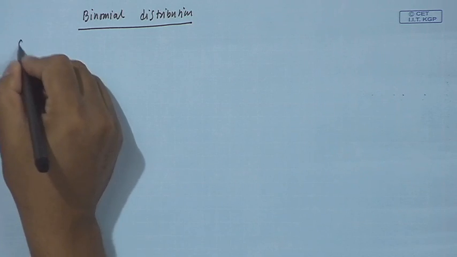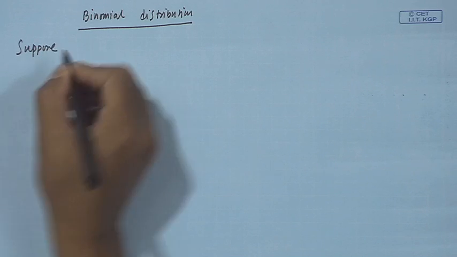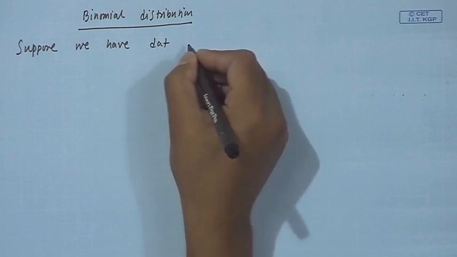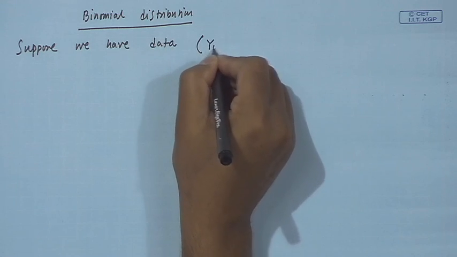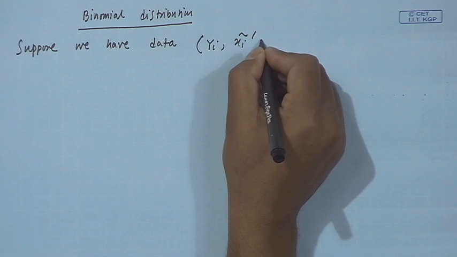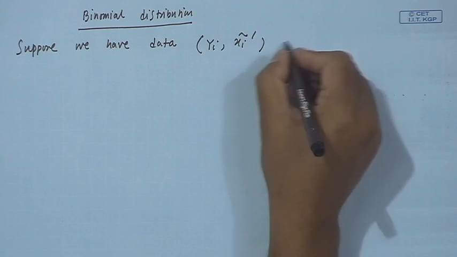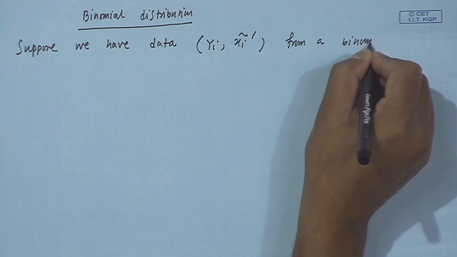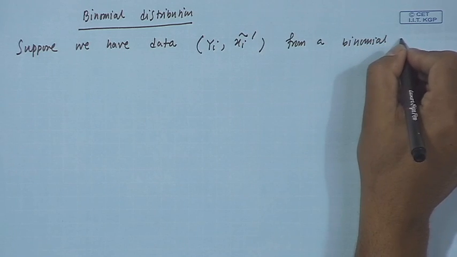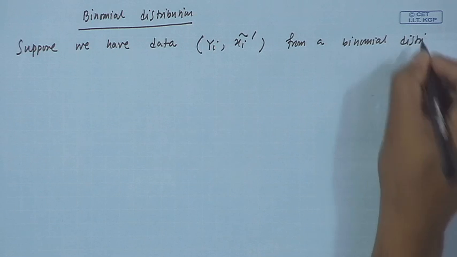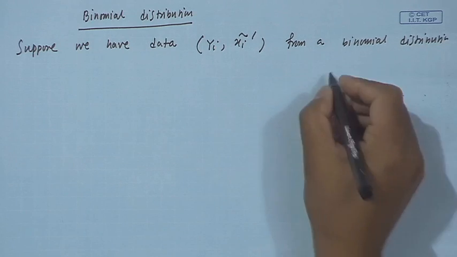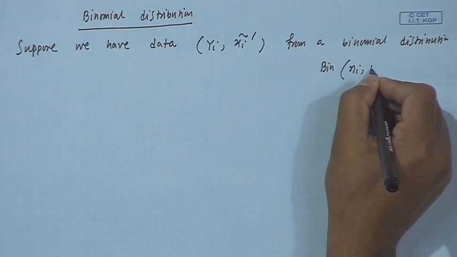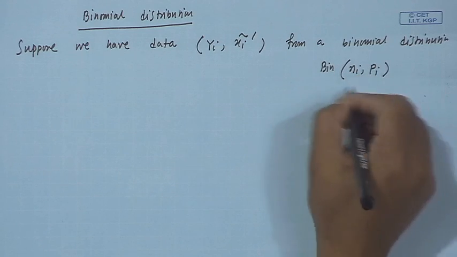Suppose we have data (y_i, x_i') from a binomial distribution with parameters n_i and p_i.